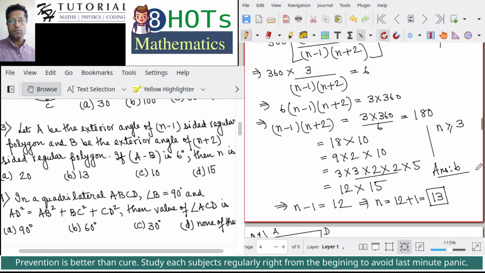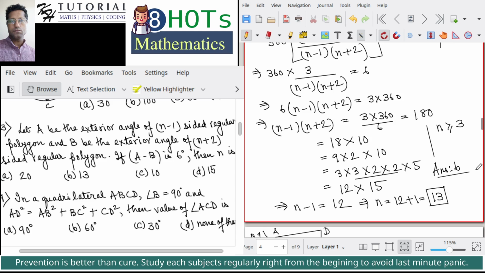So the tricky part in this problem was how to solve for n, where we have the relation (n minus 1) into (n plus 2) equals 180. The concept is that you have to factorize the right hand side number, in this case 180, into two factors such that the difference of these two factors is 3, because we know that n minus 1 and n plus 2 on the left hand side have a difference of 3.